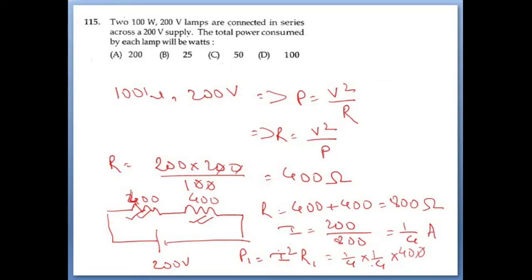R1 is 400. 4 sixteens will cancel as 100, and 4 into 4 will cancel as 25. So power is 25 watt. In this one also, if you calculate, it will again come to 25 watt only. So the answer will be 25 watt.